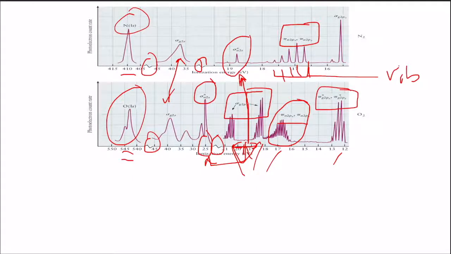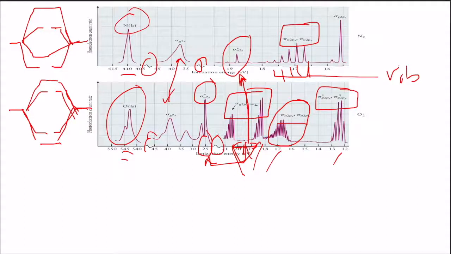Let's remind ourselves, for the case of nitrogen, we have that type of correlation diagram, and for the case of oxygen. Okay, so let's follow them. Where is this bonding sigma p?